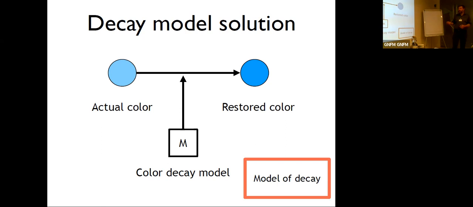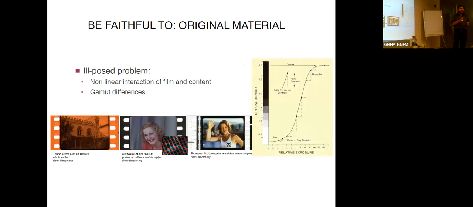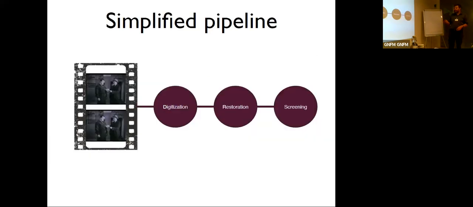But once we have the model of decay, again, it's not enough, because there's a non-linear semi-blind problem: you have a decay that has happened, but also information carried by the pigment, and so you never know how much of the original information comes from the pigment and how strong the decay has been. Then we also have a problem of gamma differences. We come back to gammas right after.